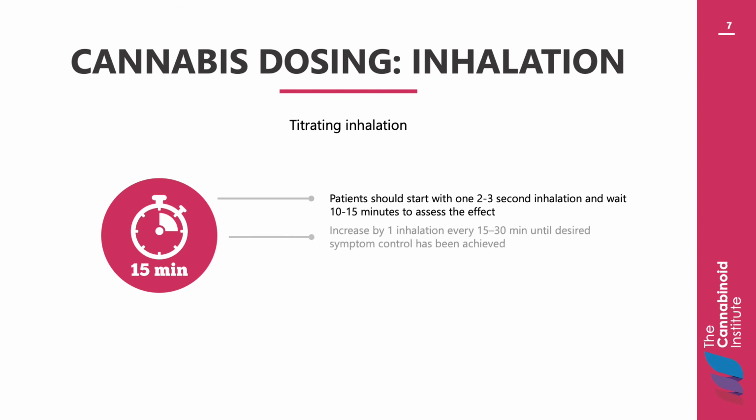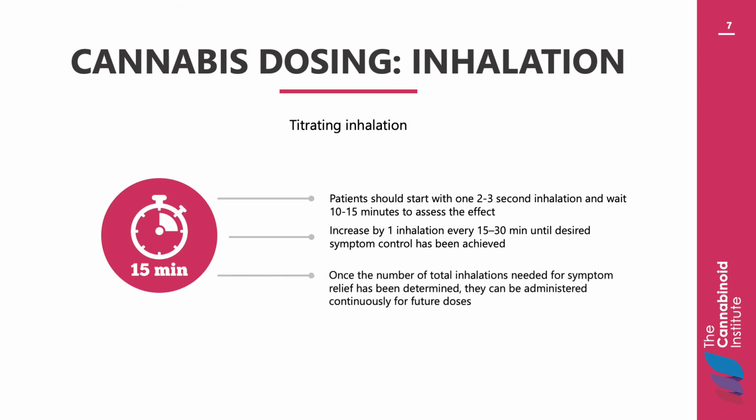Patients can then continue to take one inhalation every 15 to 30 minutes until desired symptom control has been achieved. Once the total number of inhalations needed for symptom relief has been determined, the doses can be administered continually in the future without waiting 15 minutes in between.